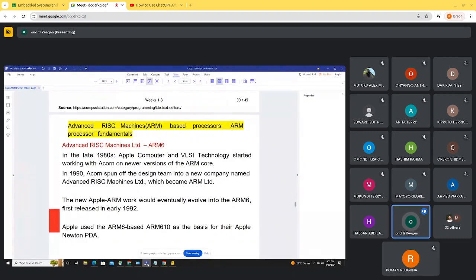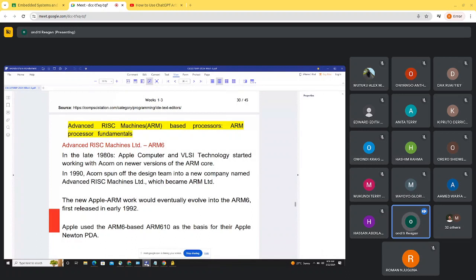This basically was the major processor put on the first Apple machines introduced then. It was based on the ARM610 as the basis for the new Apple PDA.